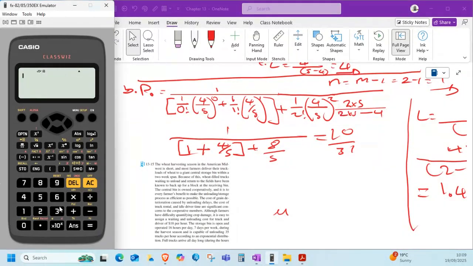I want to confirm this. 10 divided by 81, 0.33. Okay, 4 over 5. Yeah, this one is a little bit incorrect. So let's go check it out.